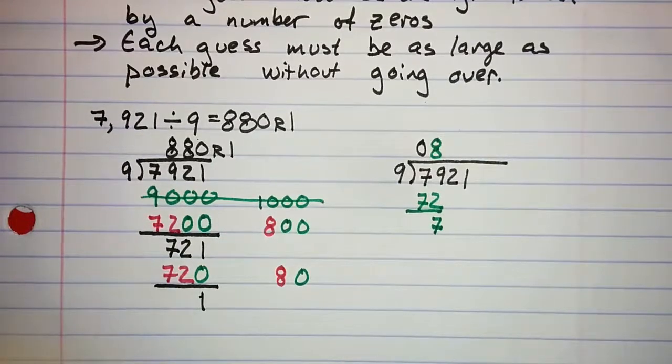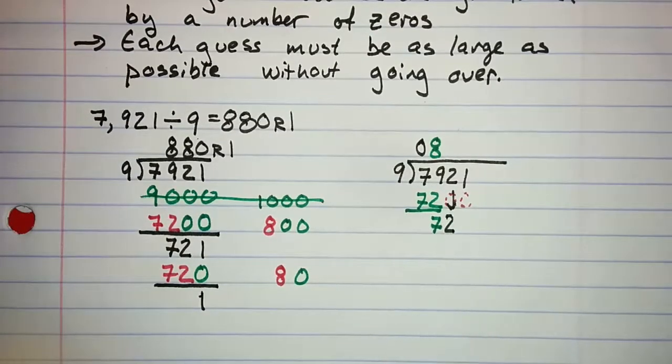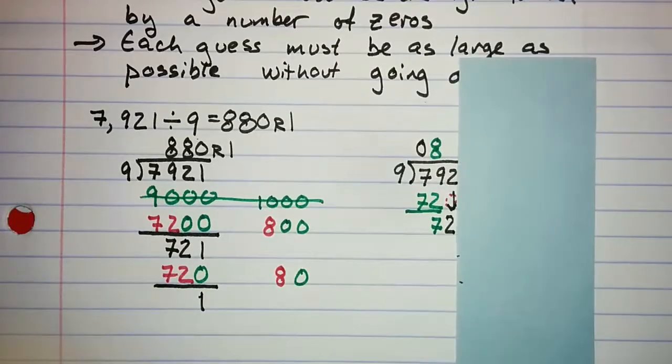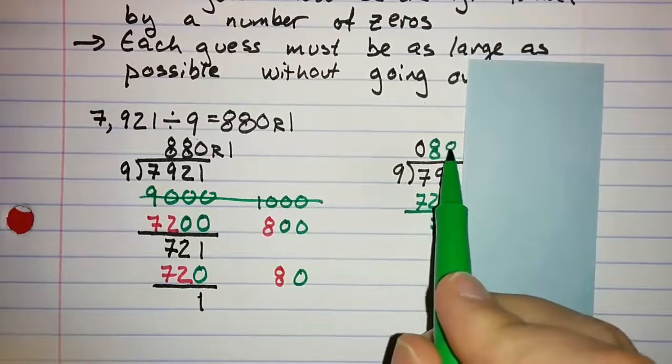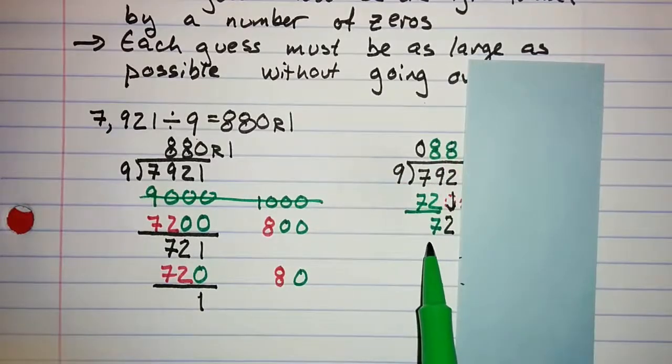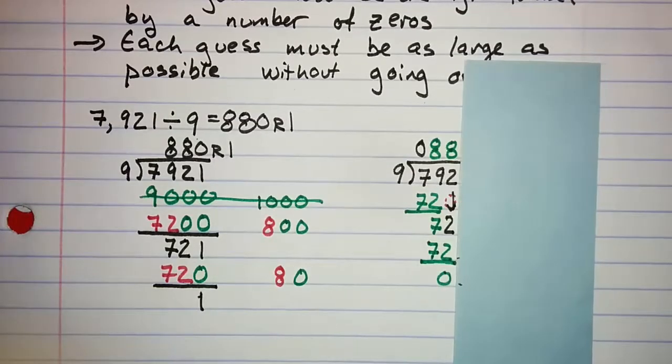Now invisibly, we have some zeros here, and we're subtracting. But for my next step, I'm only going to be interested in the 2. So now 9 goes into 72 8 times, using up 8 times 9 is 72, with 0 left over.